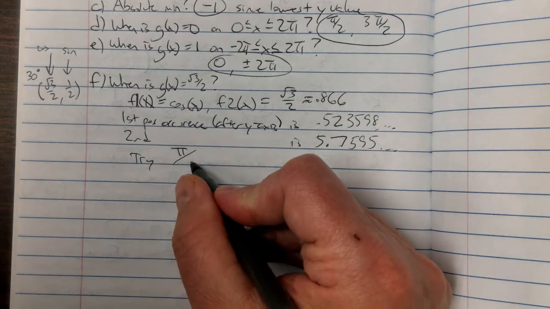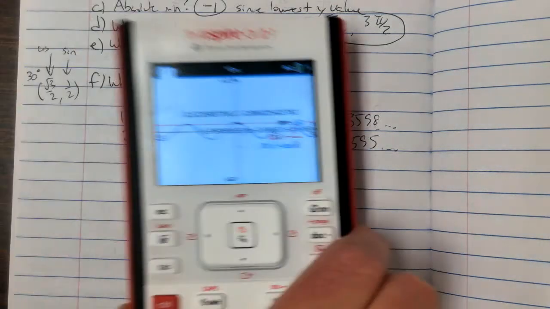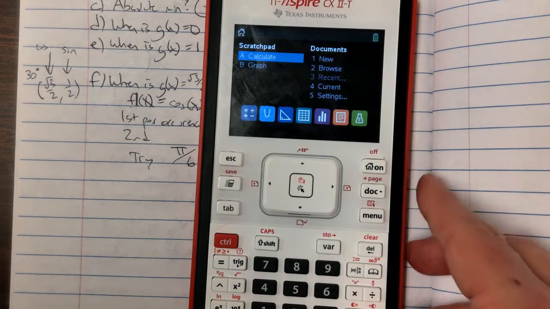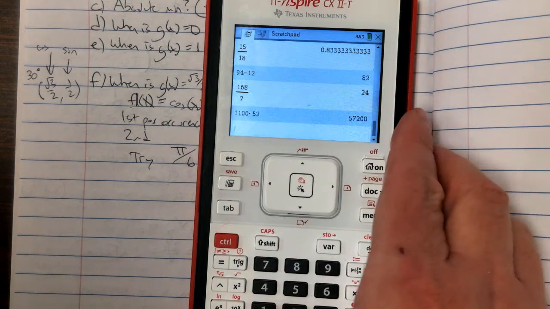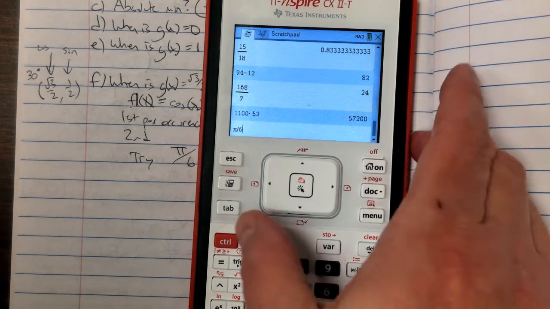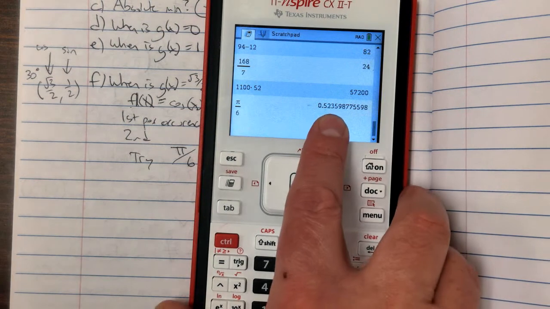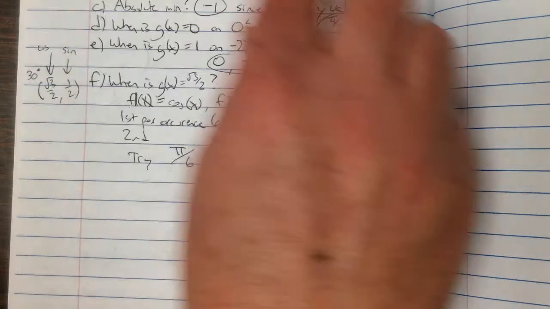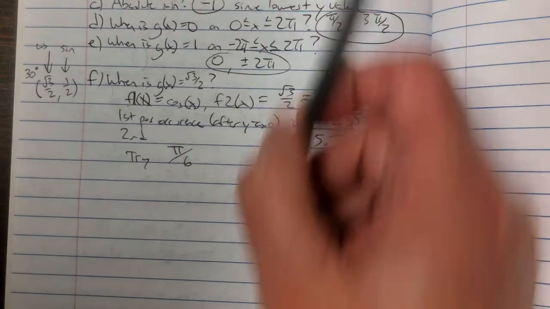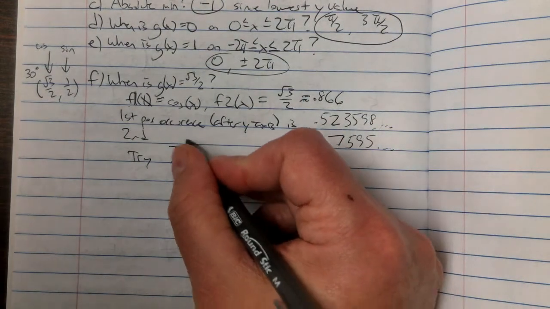If we try pi over 6, control enter, that does give me what we want. So pi over 6 works.